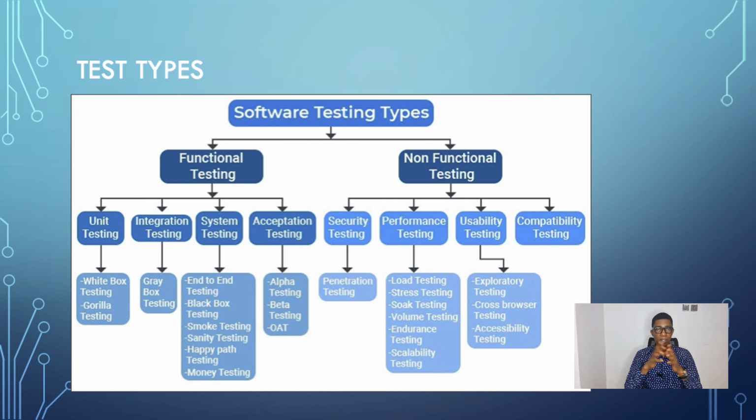Alpha testing is when you test the app in-house to ensure the app is ready for the consumers, ready for the users. Beta testing, you test with a small subset of users. That's where beta testing comes into play. You test your systems with a small subset of real users. And there's also OAT testing.